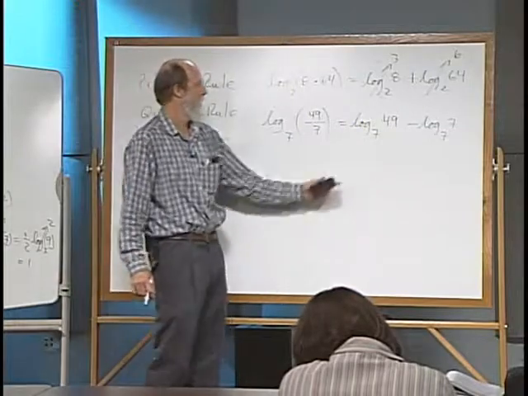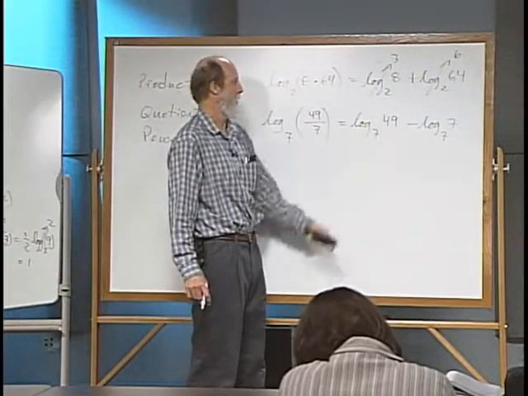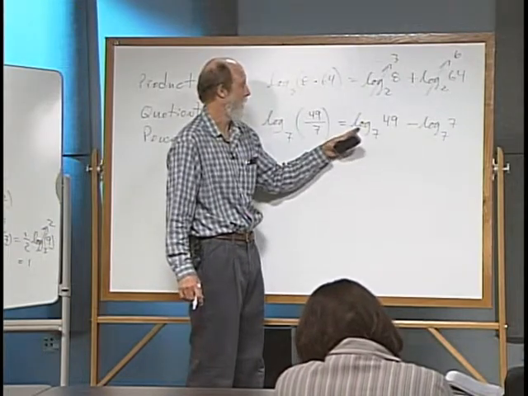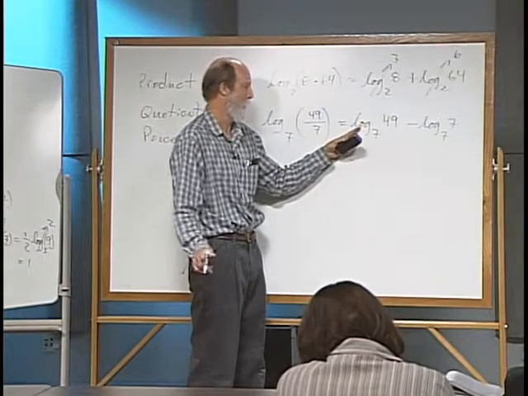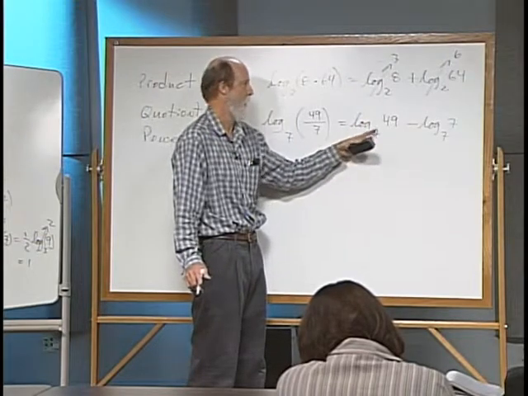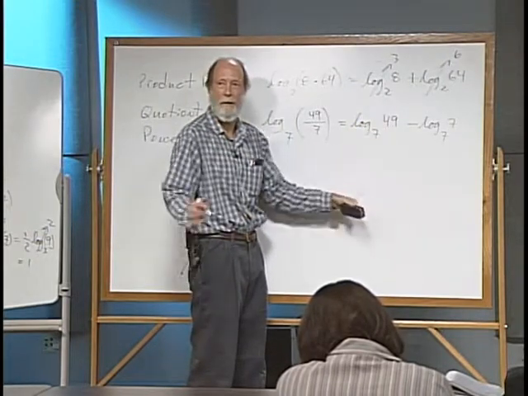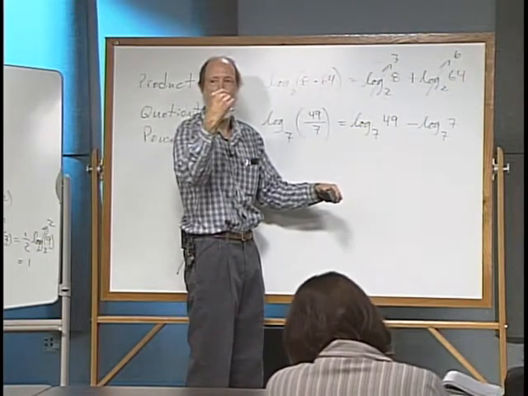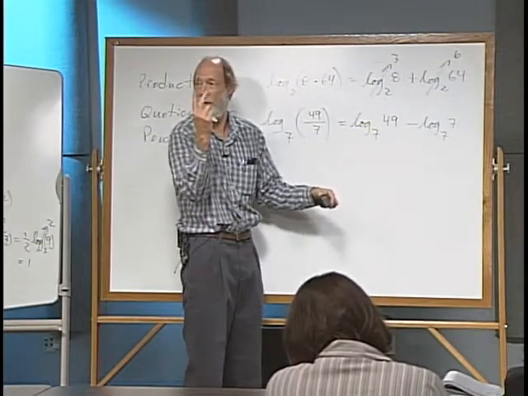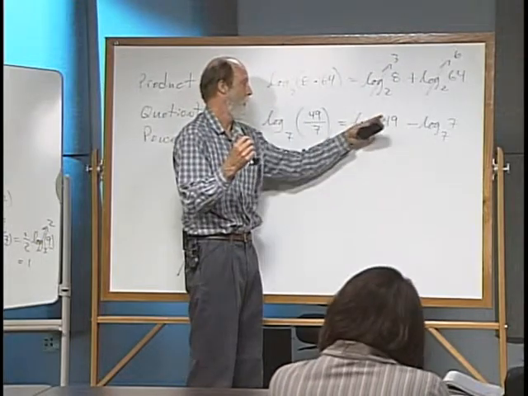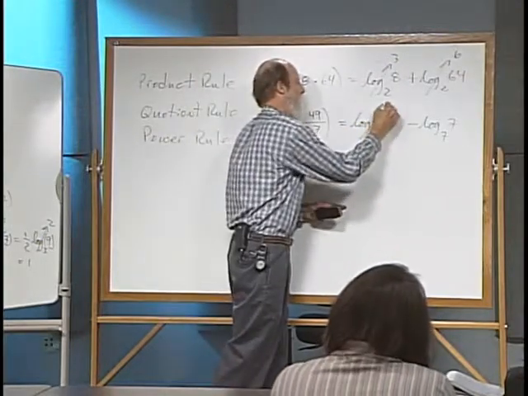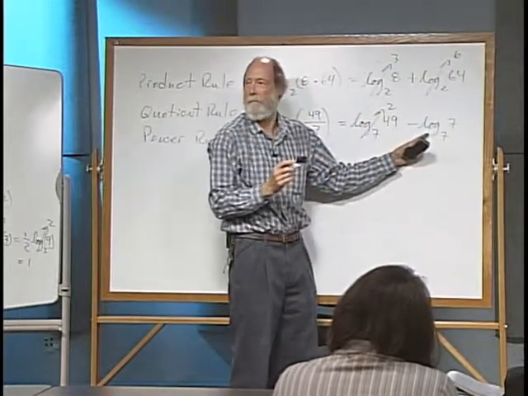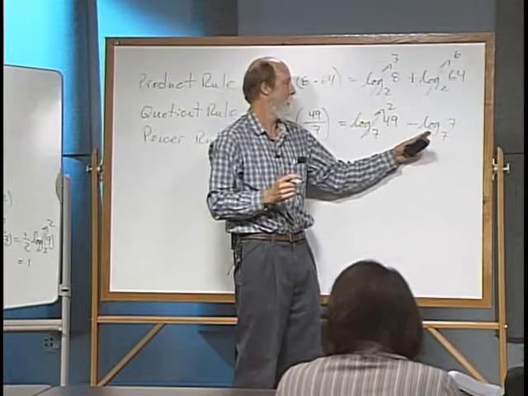Taylor, what's this first one? Log base 7 of 49. Careful. What's the exponent of 7 that gives you 49? The exponent of 7 that gives you 49 is 2. Over here, Sarah, log base 7 of 7.